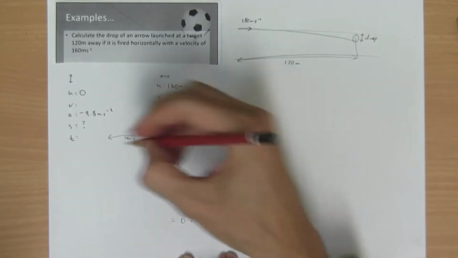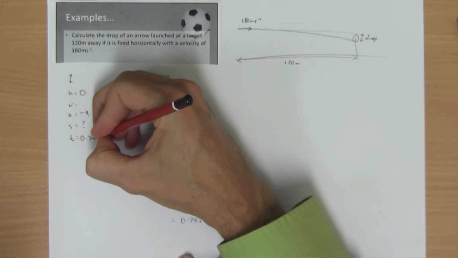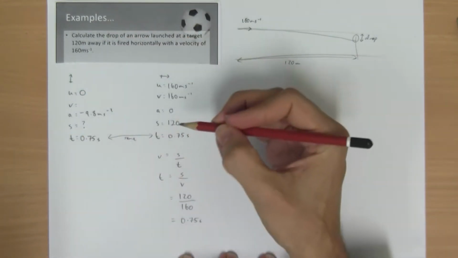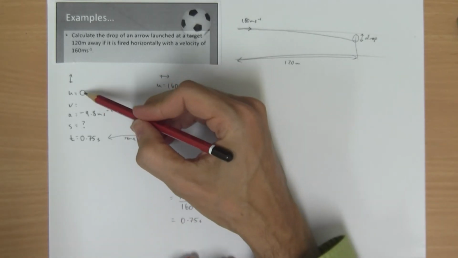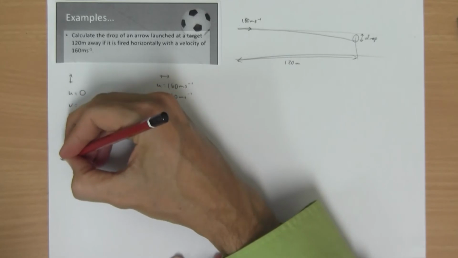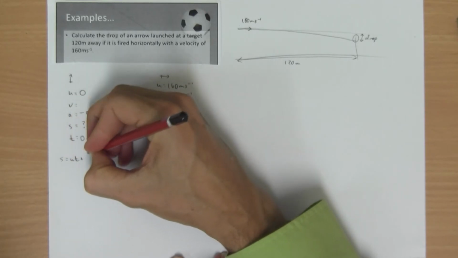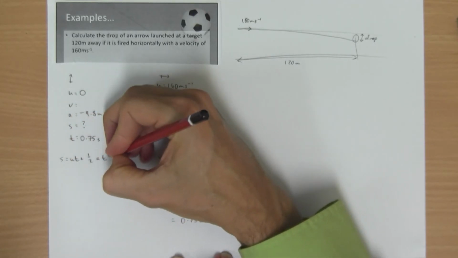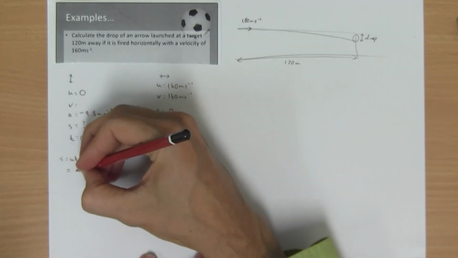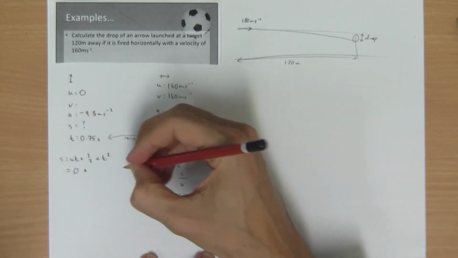And that time is the same time that's available for the vertical problem. And now you see, I can solve this problem. I want to use U, A, S and T. So S equals UT plus a half AT squared. U is 0, so that's nice.